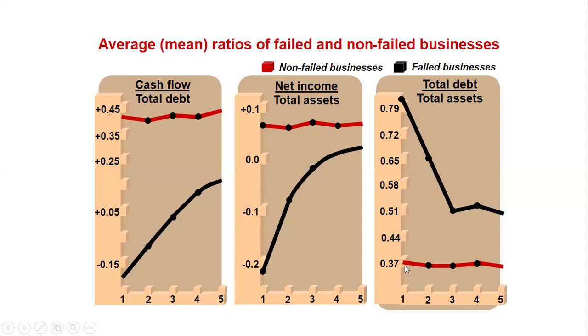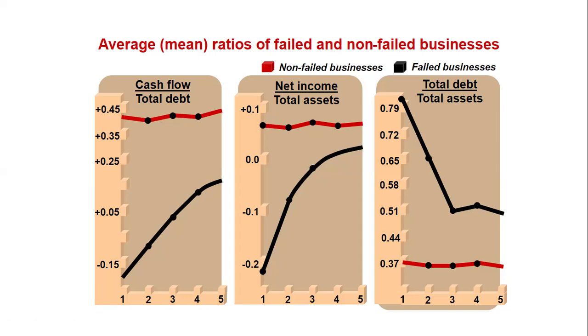Because it is low, we will classify it as not failed based on the total debt to total assets ratio. But for that same company, if we compute its net profit or net income to total assets, because they probably made a loss, it might come to the negatives. And then because it's coming into the negative, for another ratio, we'll classify it as failed.